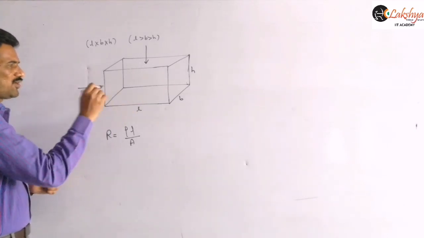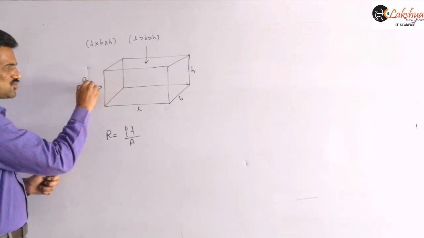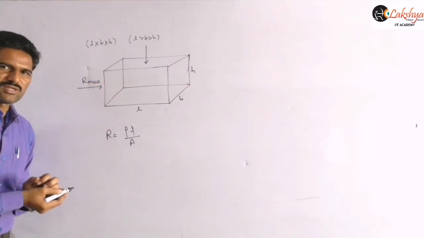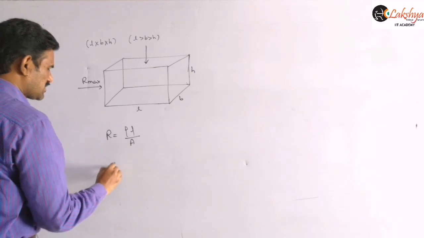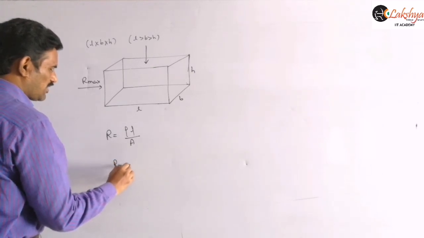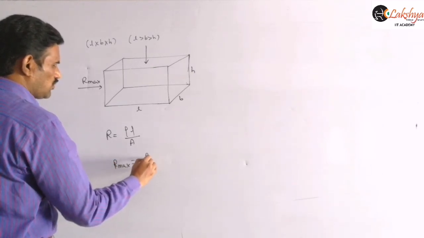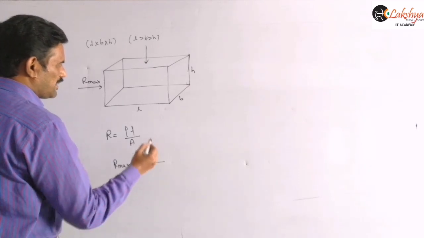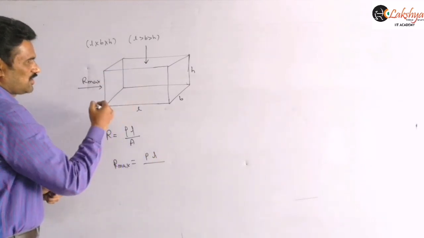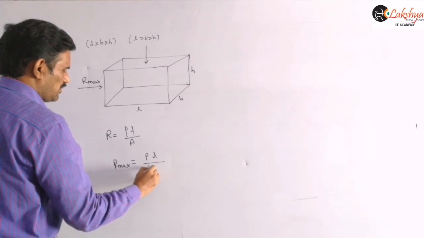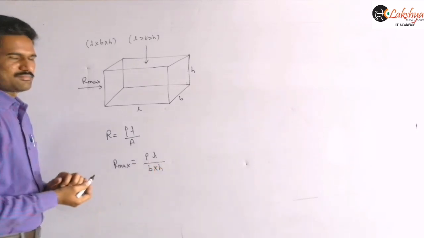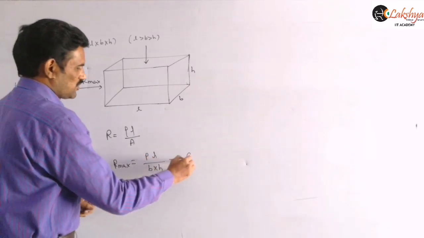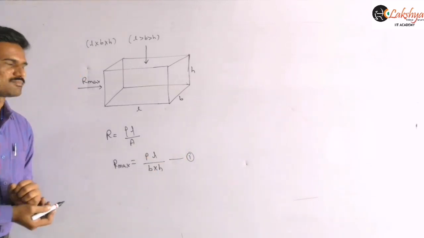So current should flow along this direction. For this direction you will get the maximum resistance, right? And so that maximum resistance I can write as R maximum is equal to rho into L by area of cross section, means this face area we need to write, which is nothing but B into H, right? This is equation 1. Now this is the maximum resistance.